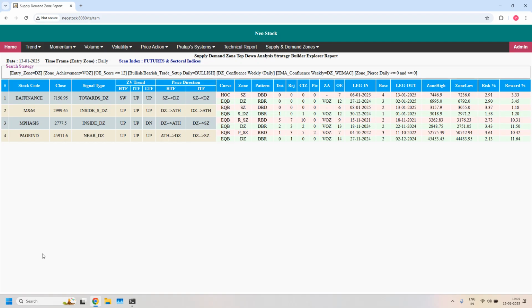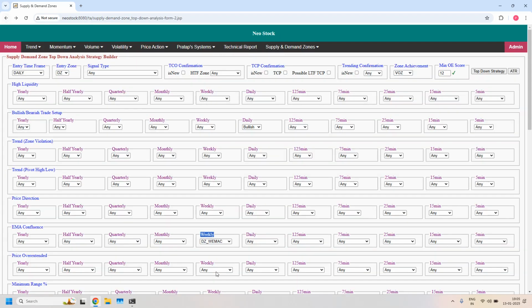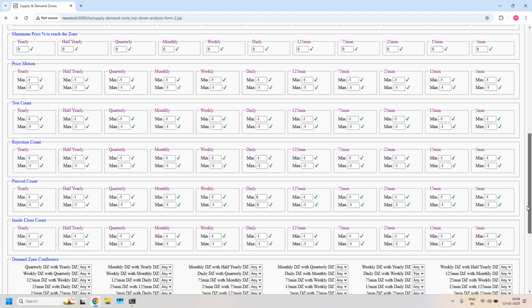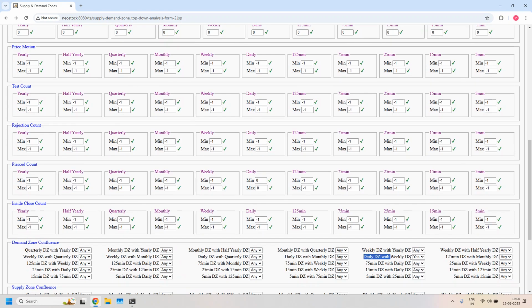Okay, next filter is LTF, ITF, HTF demand zone confluence, latter HTF EMA confluence. So I am removing this ITF EMA confluence. And in the demand zone confluence, we should set 3 filters. First filter is already enabled, that is daily with weekly. Second filter is daily demand zone with monthly demand zone confluence.